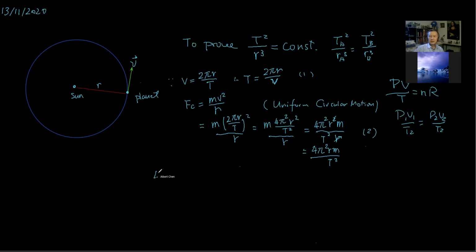You see, velocity is there. That's trouble. We can't just substitute. We have R, we have T squared, but in this one there are only T and R.